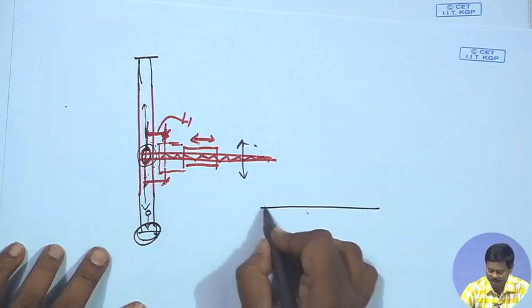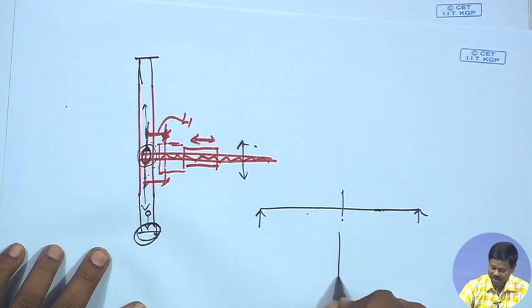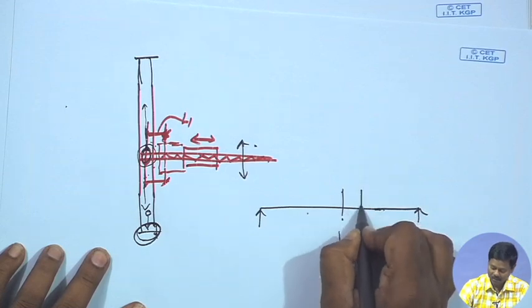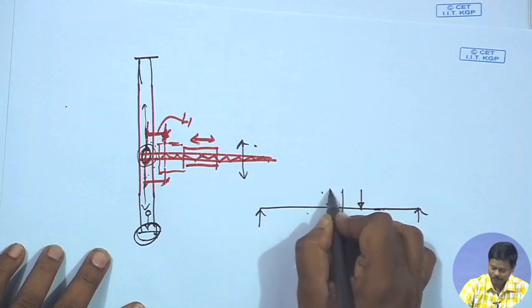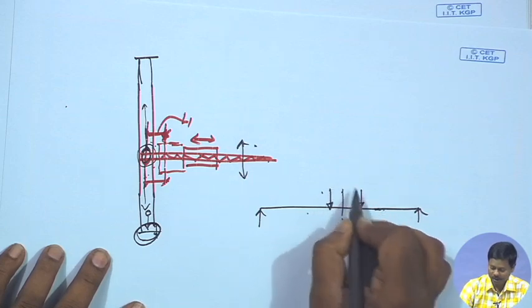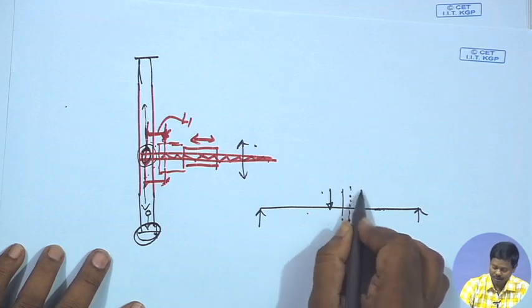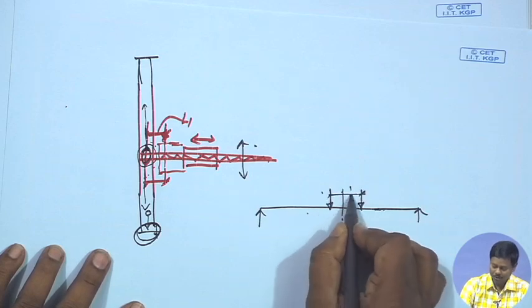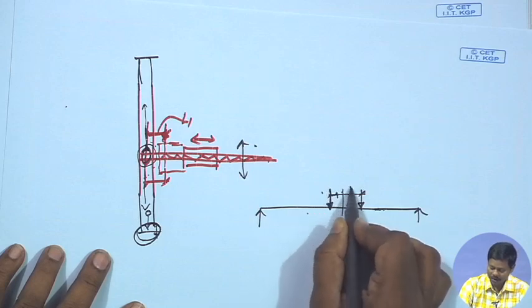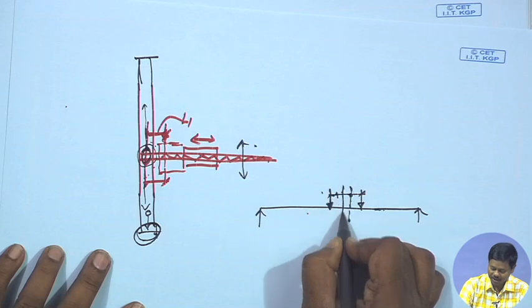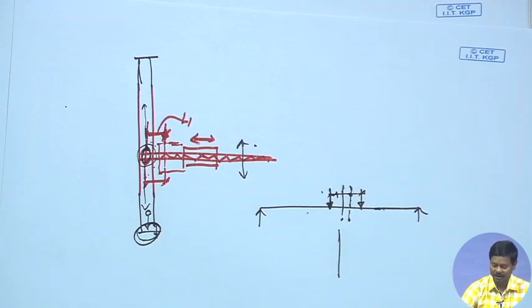Let me tell once again: if this is the gantry span, if this is the center, and if this is the load, and this will be the CG of these two wheel loads. So the CG of these two and the one wheel load should be equidistant from the center of the gantry, then the maximum bending moment can be achieved.